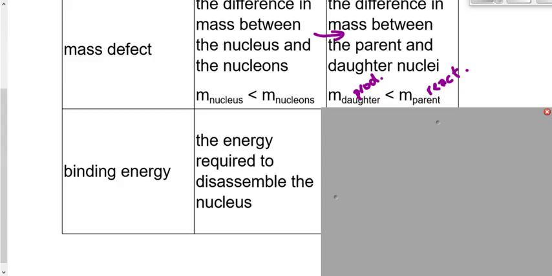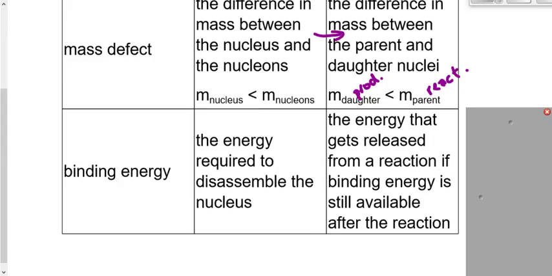In the context of a reaction, we'll define it as the energy that's released in a reaction. I'm going to cross off the last part of this sentence, not because it's wrong, but because it's really the first part that we want to focus on, the energy that's released from the reaction. We'll assume that there's binding energy available after the reaction. If so, then we define that binding energy as the energy that's released in the reaction.